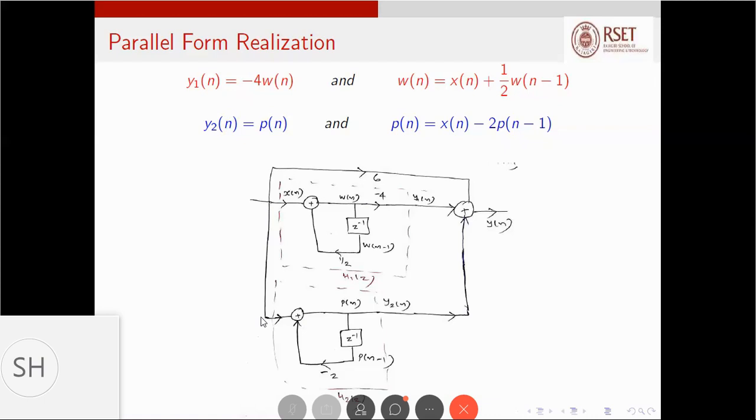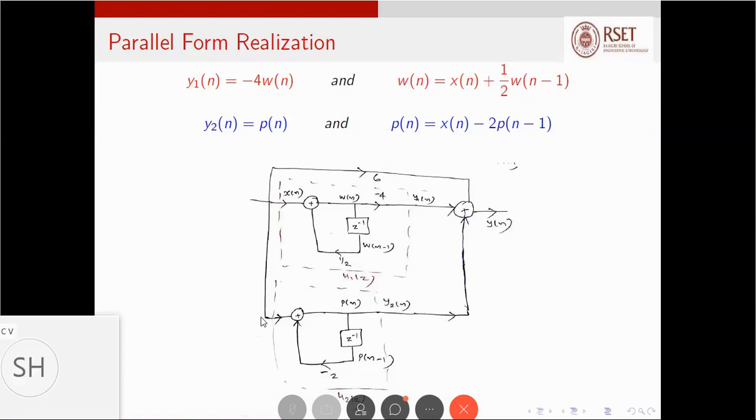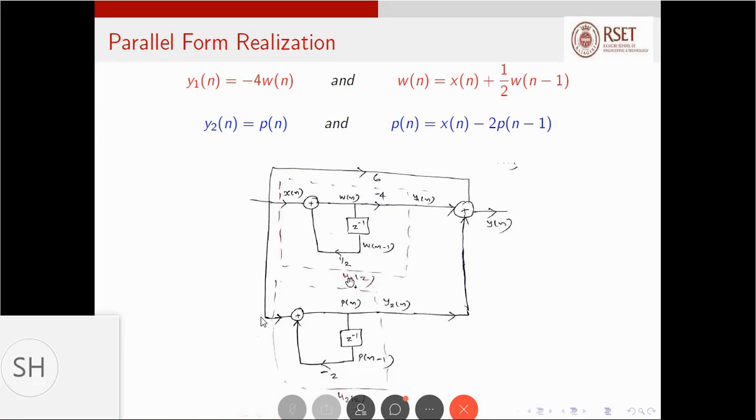In parallel form realization, how can H1(z) and H2(z) be found? Okay.